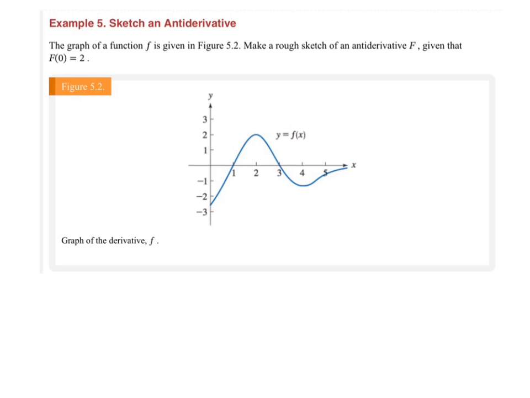Draw this picture on your paper. This is f. This is the derivative. They want us to go backwards and draw the antiderivative. Okay? It would be pretty easy to draw the derivative of this one. The hard part's going to be going in reverse.